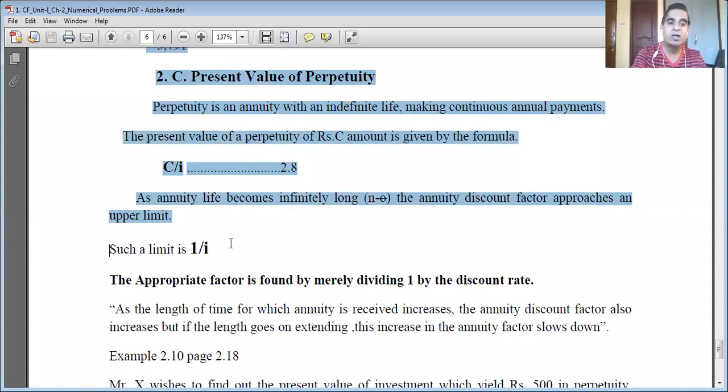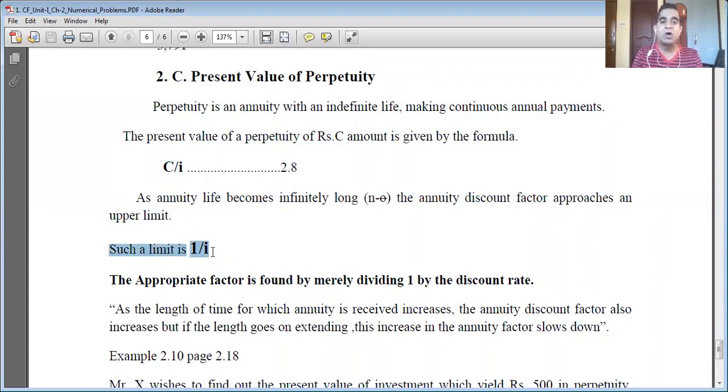Such a limit is denoted by 1 divided by small i. We call it the appropriate factor. The appropriate factor is found by merely dividing 1 by the discount rate. The discount rate is nothing but small i.